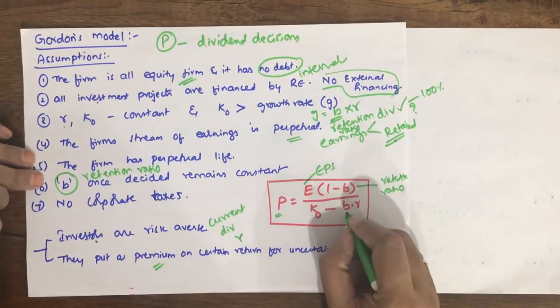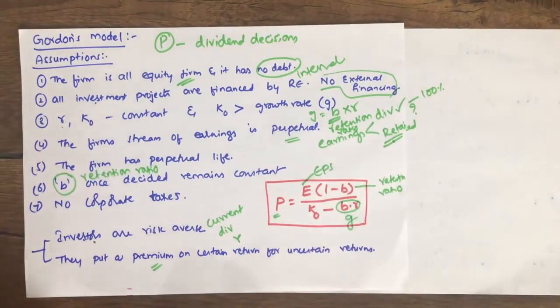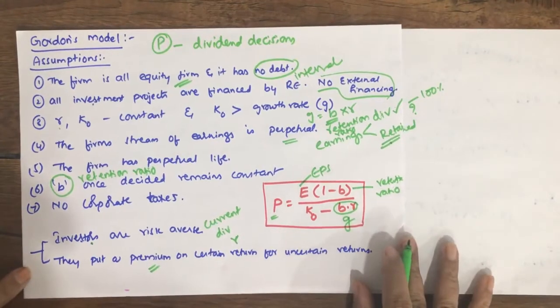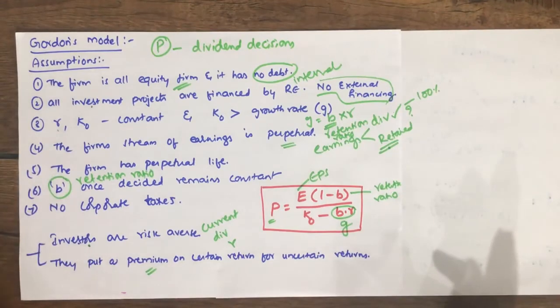The product of B and R you may write as G also. Depending upon the data given in the question, you can apply either B into R or growth rate. So this is the formula to find the market price of a share and how it is affected by the firm's dividend decisions.